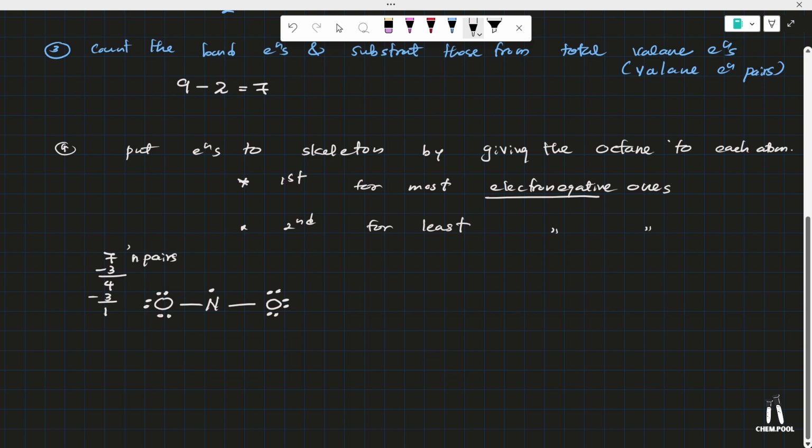The remaining electron pair I give the nitrogen. Now step 5, what you need to do, make double and single bond, right? Why? Reason is here, nitrogen not gain the octet.